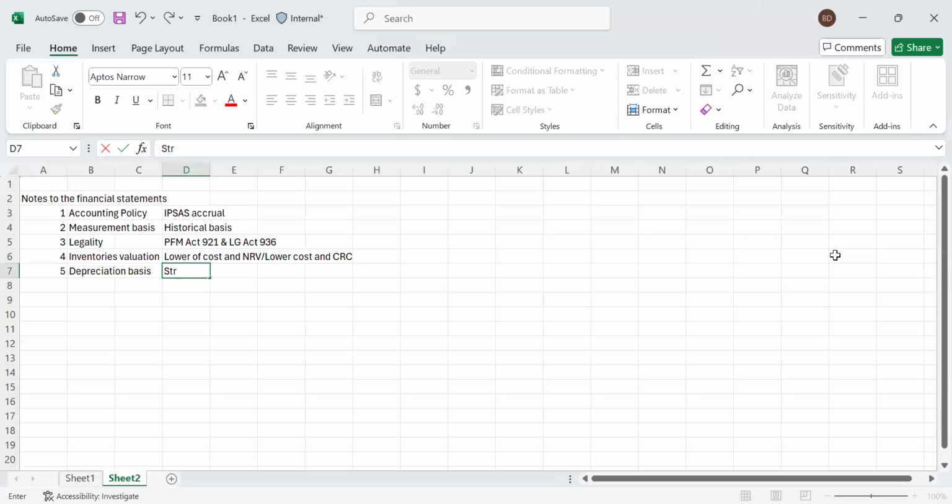The straight line method. And then they were depreciated as follows. You list all the fixed assets and their useful life. If the question gives percentages instead, you list all the fixed assets and their respective percentages. That's all. So that's the first 5 marks.